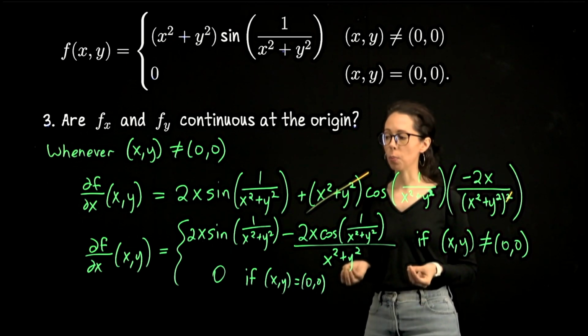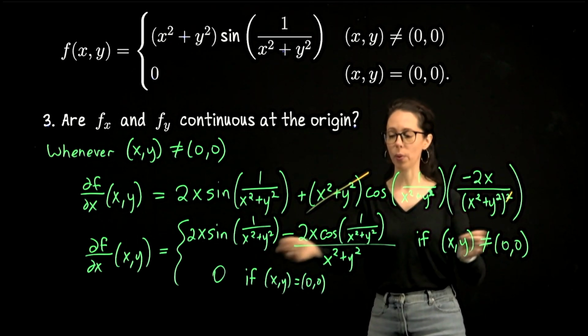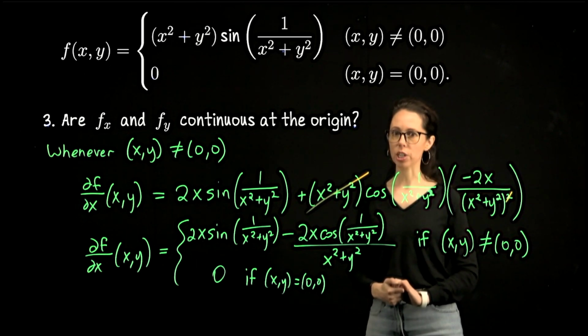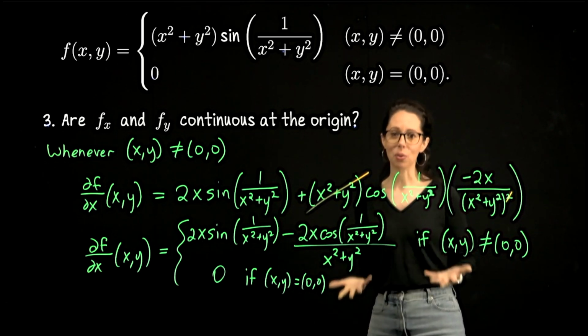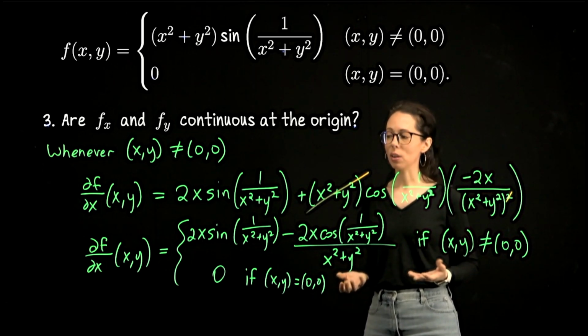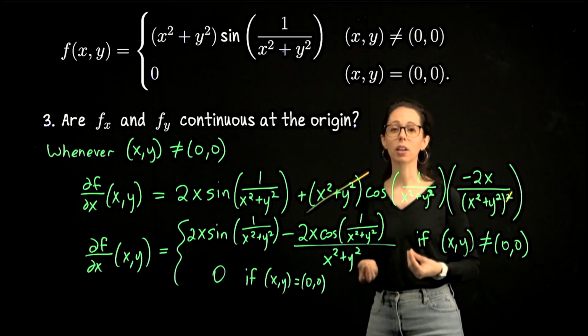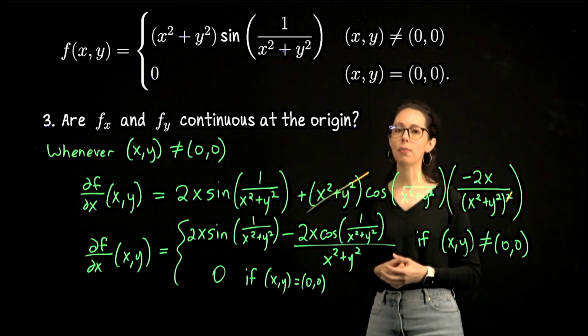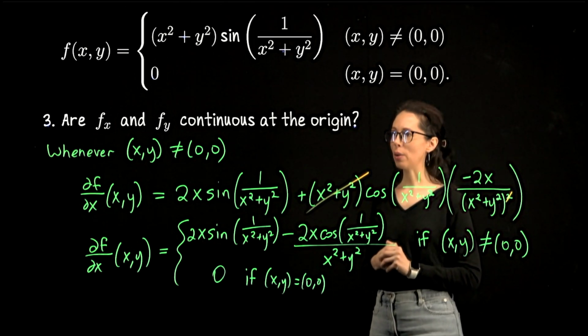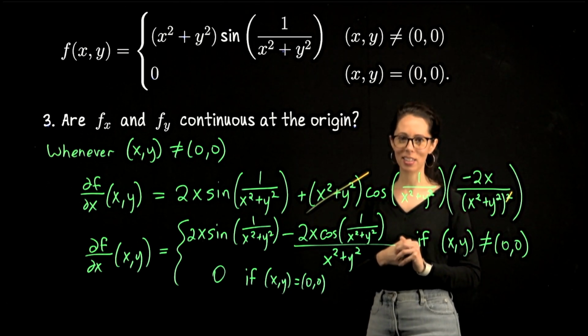In this situation, the partials exist. This exists everywhere, but it's not continuous at the origin. Therefore, we can't use that theorem. So at this moment, we did a lot of work here, but it's not conclusive. We don't yet know if f is differentiable at the origin. So that will be our final task, is to assess differentiability.